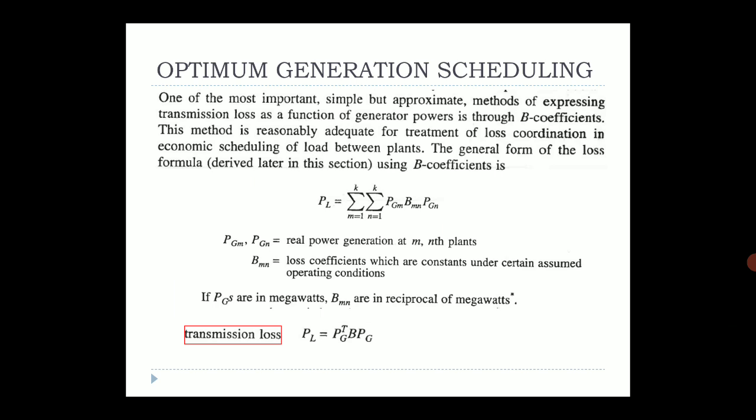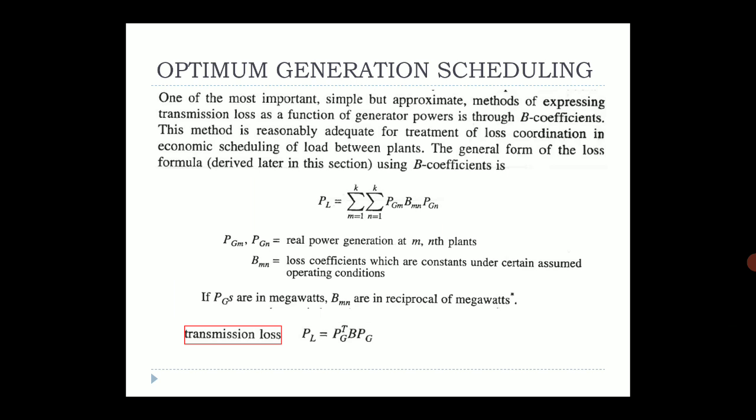One of the most important simple but approximate methods of expressing the transmission loss as a function of generated power is through B coefficients. This method is reasonably adequate for a treatment of loss coordination in economic scheduling of load between plants.